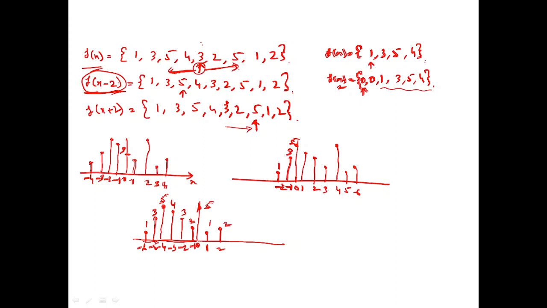3 to 5, because the value is 2 over here. So 1, 2, and since it is delaying, in the delayed signal over here, from the origin, the previous origin value should come on the right hand side.